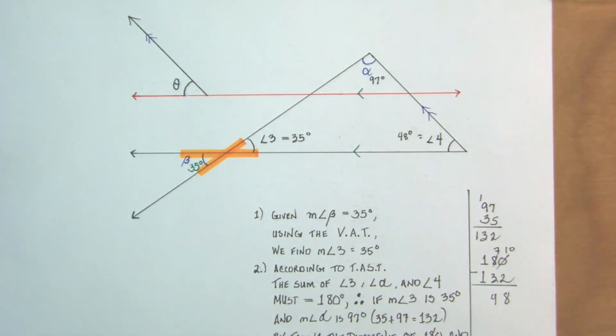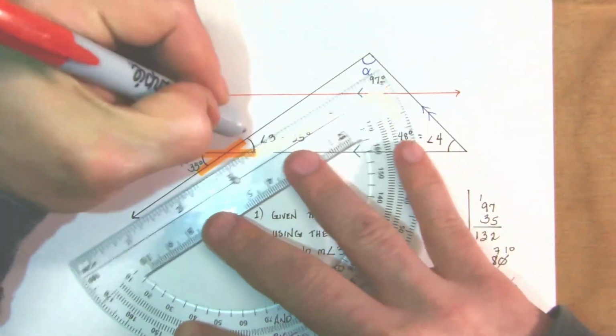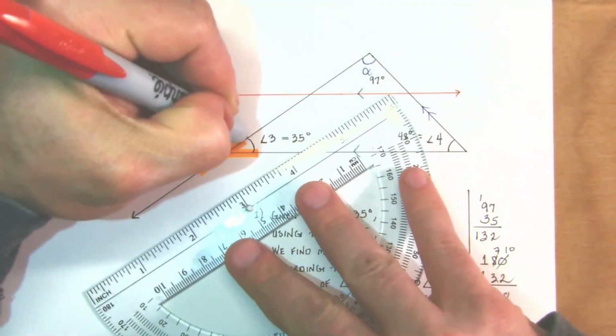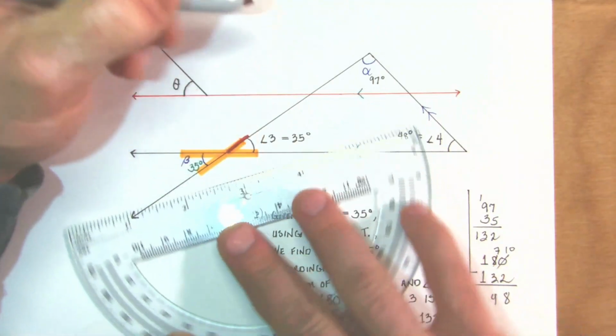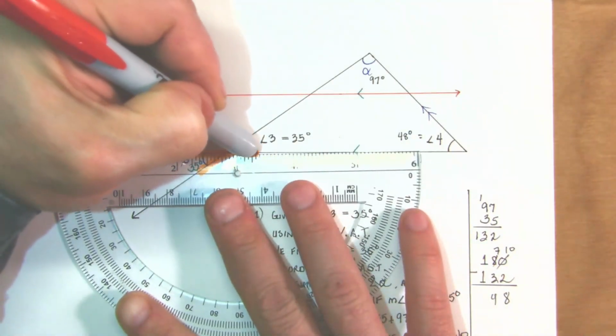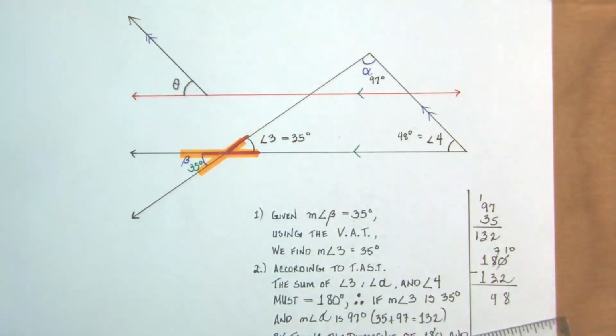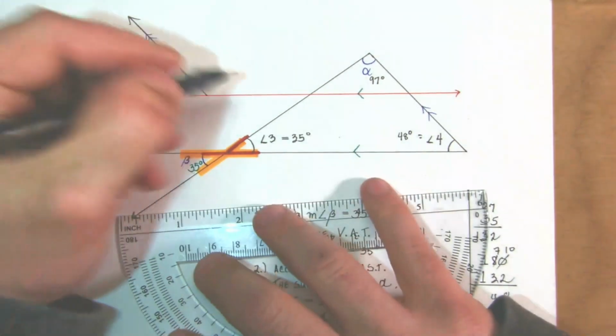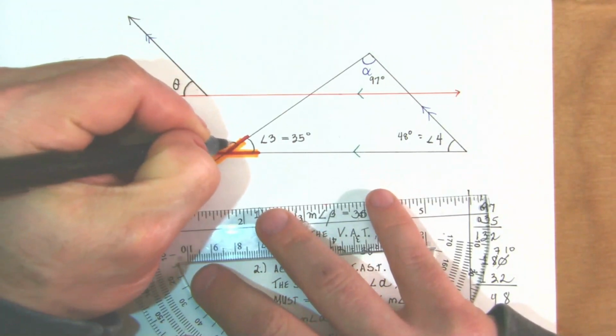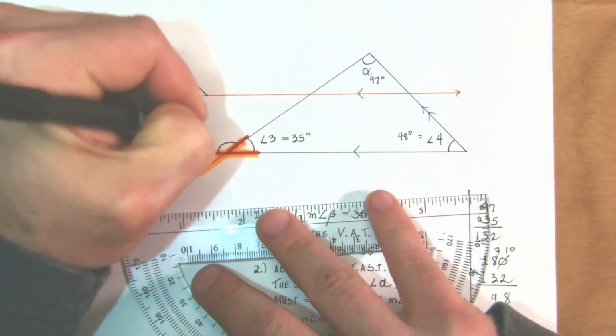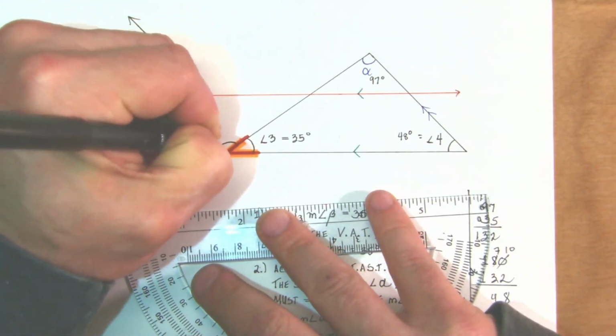I want to direct your attention to this angle right here. Okay? Right here. I want us to try to find this exterior angle right here. We're going to call this angle 5.